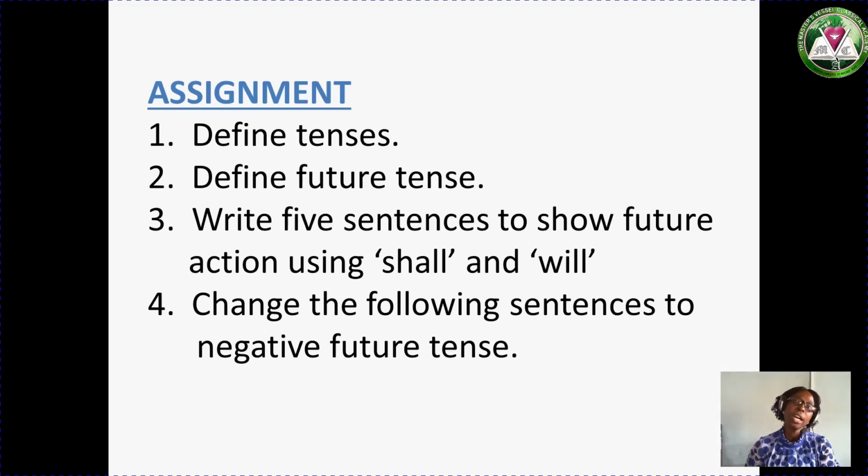Number 3, write 5 sentences to show future action using shall and will. Number 4, change the following sentences to negative future tense.